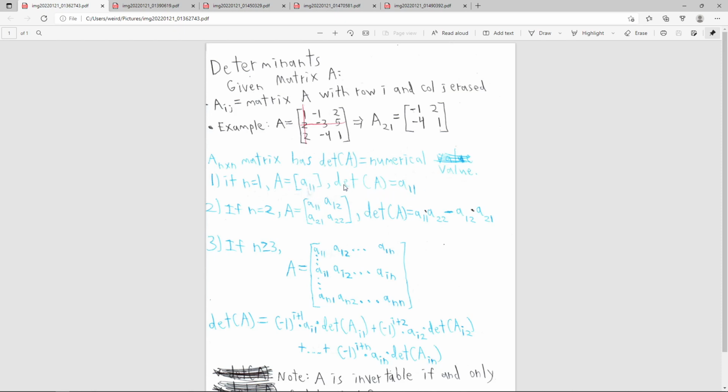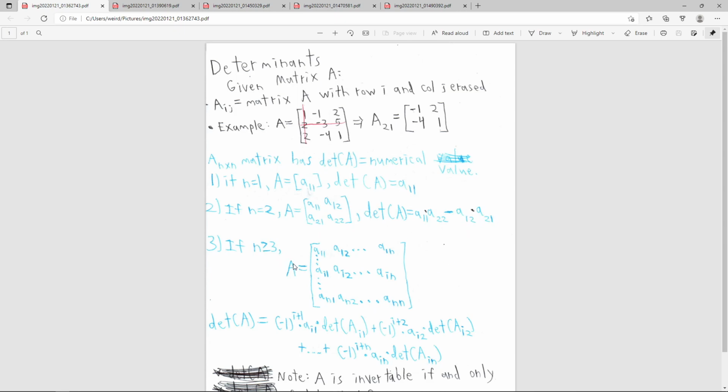The matrix would be A11, so the determinant is A11. If n equals 2, the matrix is given like this in general: A11, A12, A21, A22. The determinant of A is equal to A11 times A22 minus A12 times A21. You basically do a crisscross. So A11 times A22, and then you subtract A21 times A12.